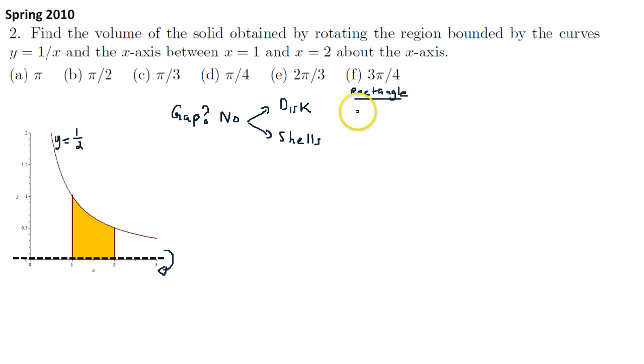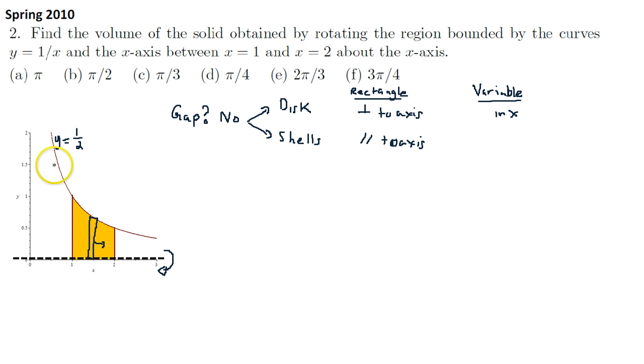When you're drawing for disk, it's perpendicular to your axis of rotation, and when it's shells, it's parallel to your axis of rotation. So for disk, it's going to look like this, perpendicular to your axis. Then that thing is going to be moved horizontally, so the variable that it's going to be in is x.